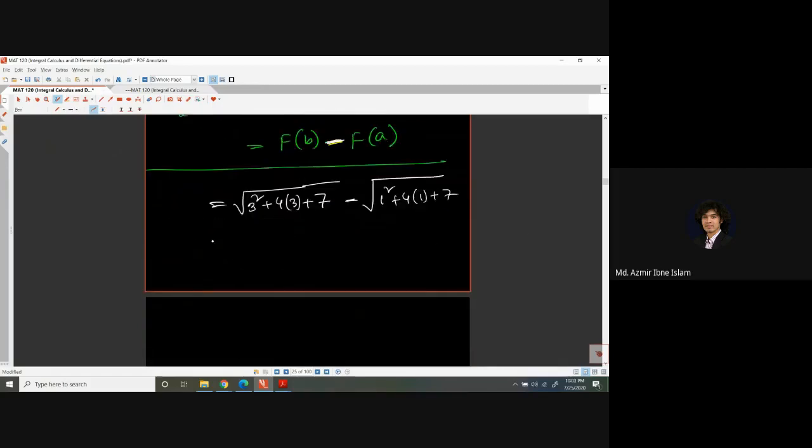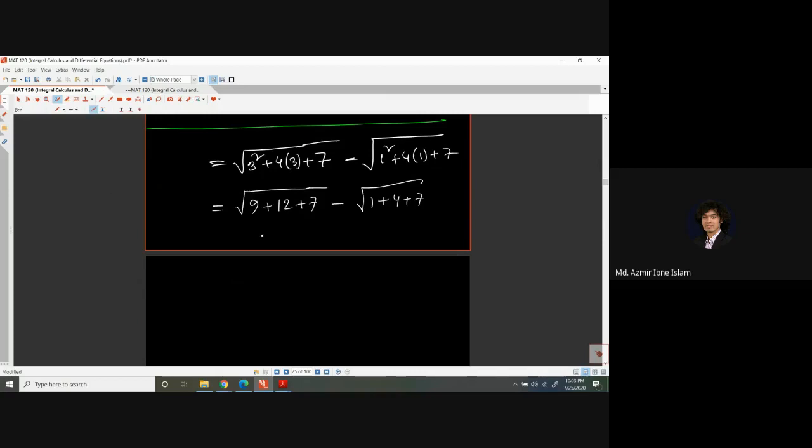So what are we getting finally? Square root of 9 plus 12 plus 7, negative square root of 1 plus 4 plus 7. So actually we have finally 9 plus 12 plus 7 will give you root over 28, negative 5 plus 7, that is 12.